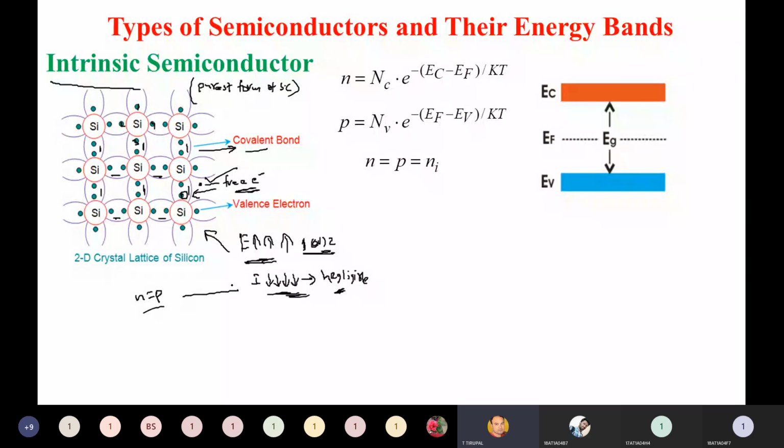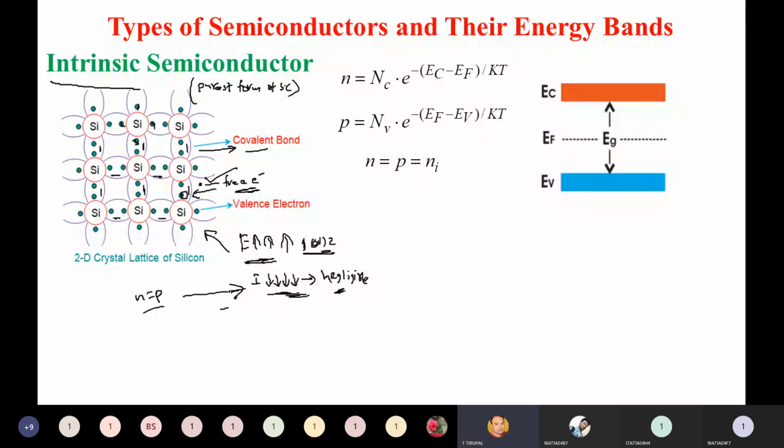So there is a need to have large amounts of current in semiconductors. A large amount of current means a large number of free electrons, free charge carriers. So we need to dope the intrinsic semiconductor with extra impurities. If you dope the semiconductor with impurities, it forms an extrinsic semiconductor.